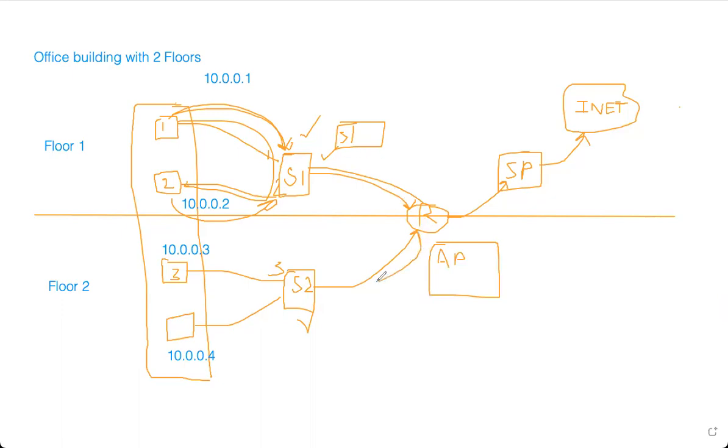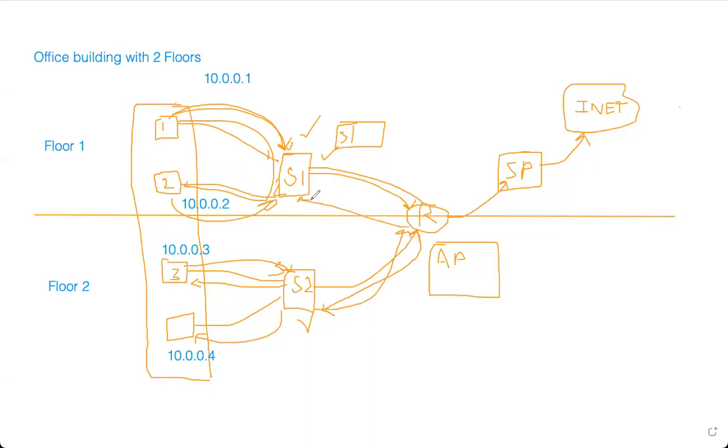So it will check its ARP table, right? Switch 2 gets it. Switch 2 will also broadcast that message. And PC 3 will respond back and then push to the router.